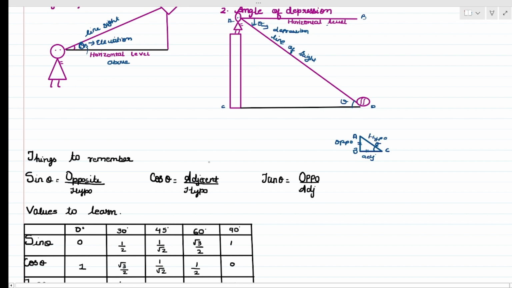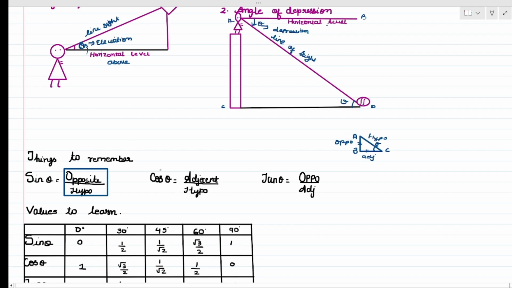My AC is my hypotenuse. So for sine theta, learn the formula: it is always opposite upon hypotenuse.